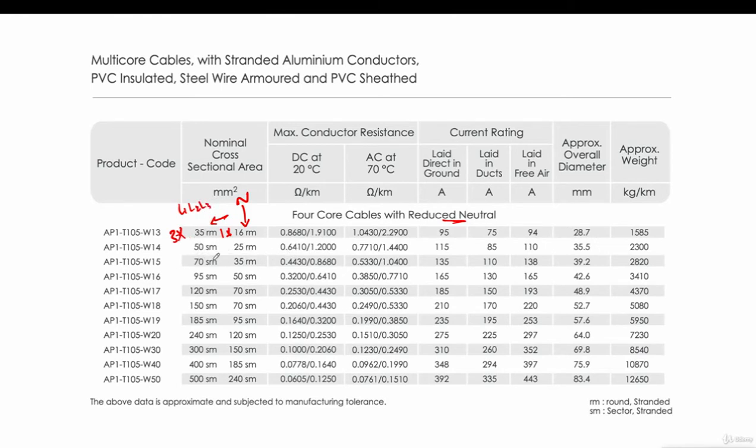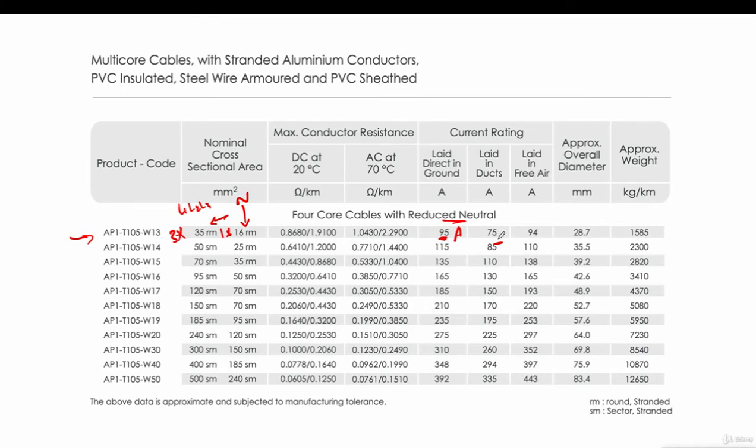For aluminum, the four core cables with reduced neutral, and I mean the local manufacturer, start with 35 square millimeters with 16 square millimeters neutral, and for this cross section it can load up to 95 ampere if laid direct in ground, and if laid in duct it can load up to 75, and 94 if laid free in air.